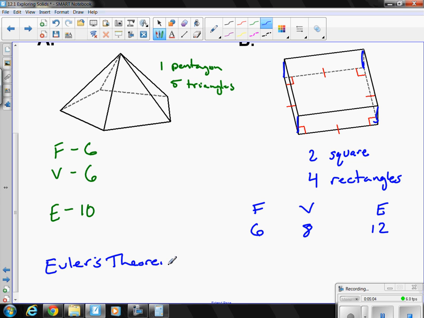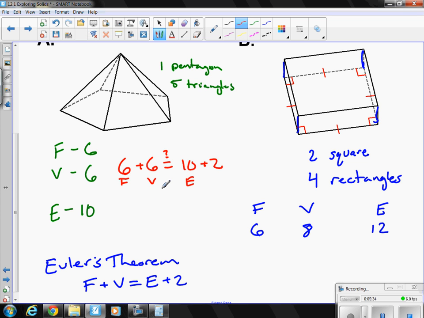What it says is that the faces plus vertices equals the edges plus 2. So we can verify this to make sure we did this right by taking 6 plus 6, and does that equal 10 plus 2? Faces plus vertices, edges plus 2.